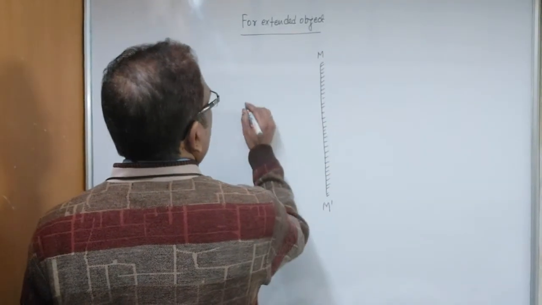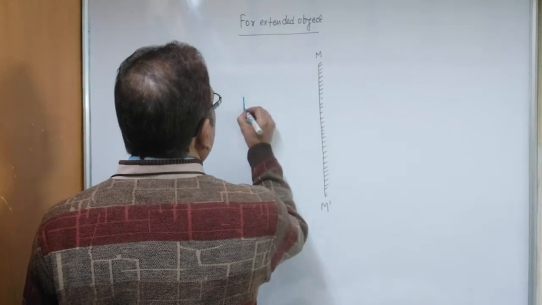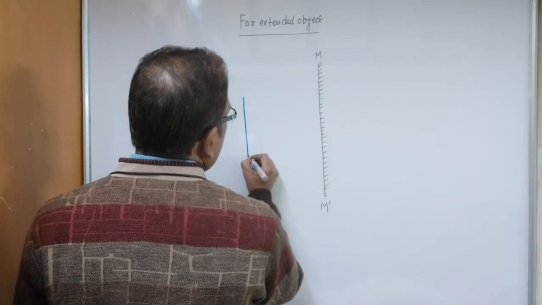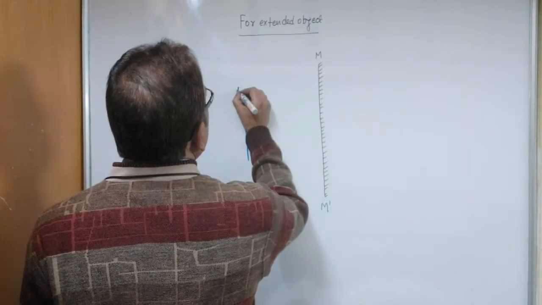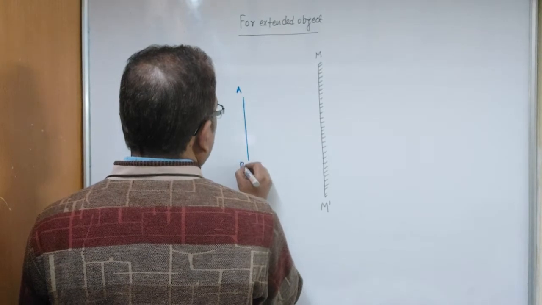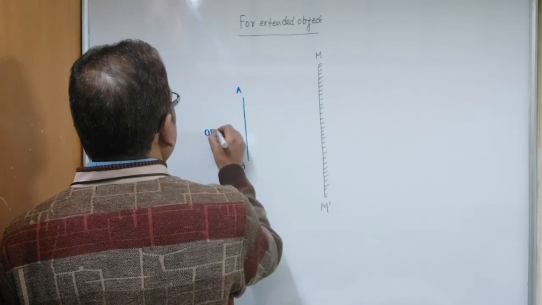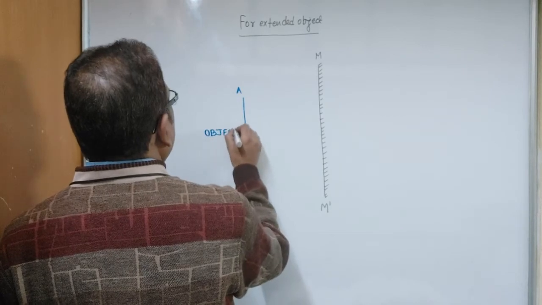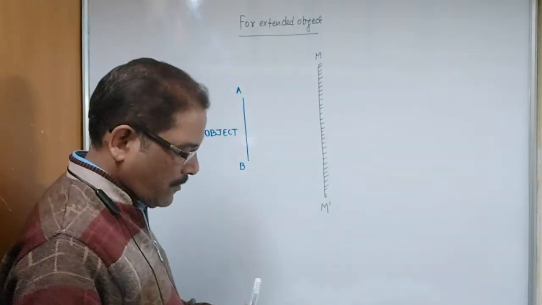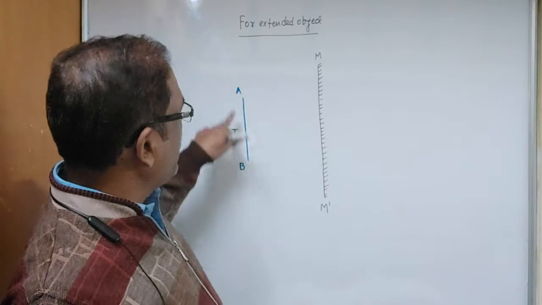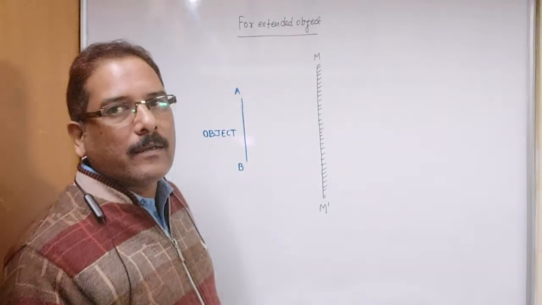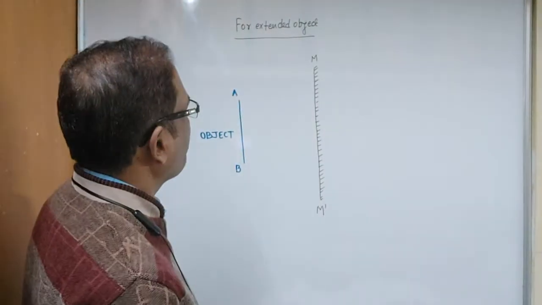Now the object is not a point. Suppose this AB is the object. So in case of this extended object, how can you draw the diagram?